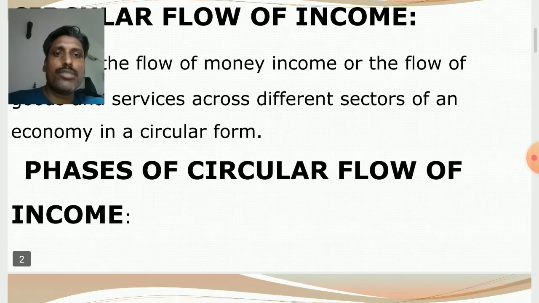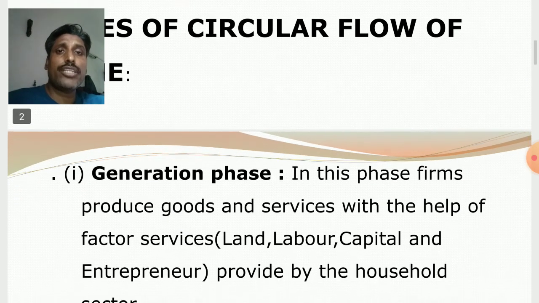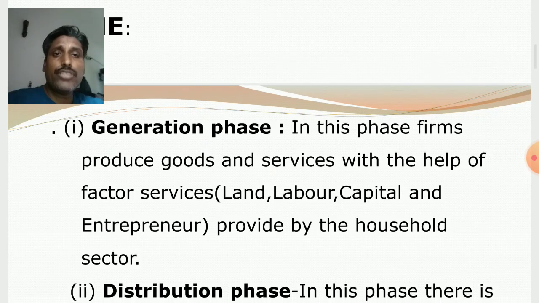Now, the different phases of circular flow of income. First one, generation phase. In the generation phase, the farm sector produces goods and services with the help of factor services provided by the household sector. One thing to remember: the farm sector produces goods and services with the help of factor services like land, labor, capital and entrepreneur provided by the household sector.